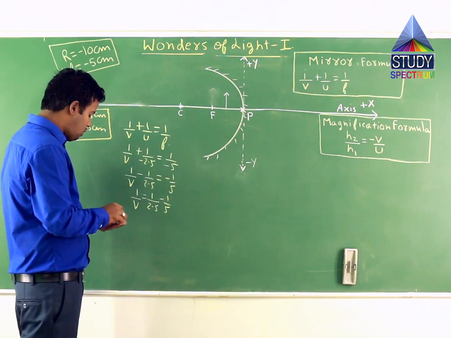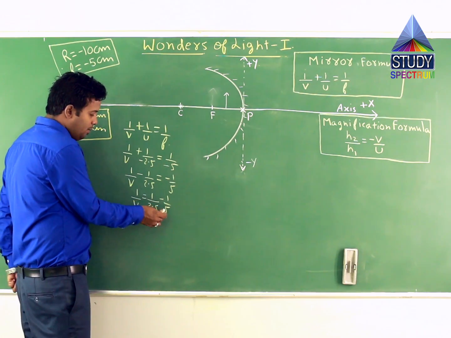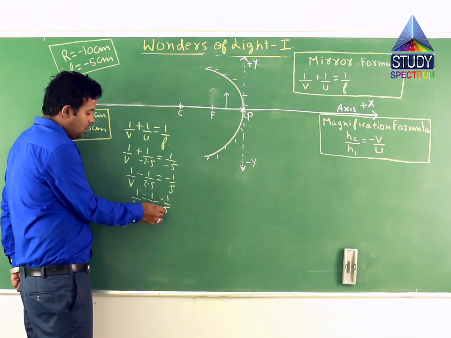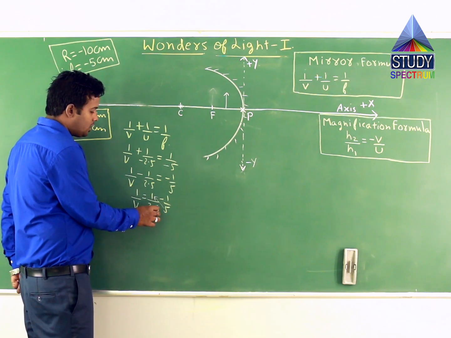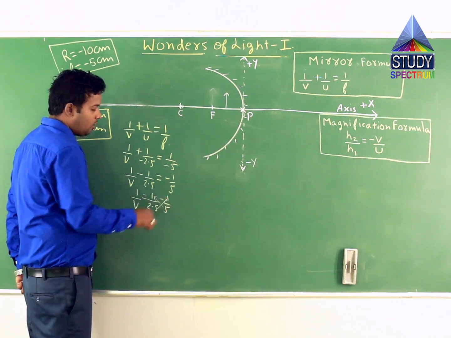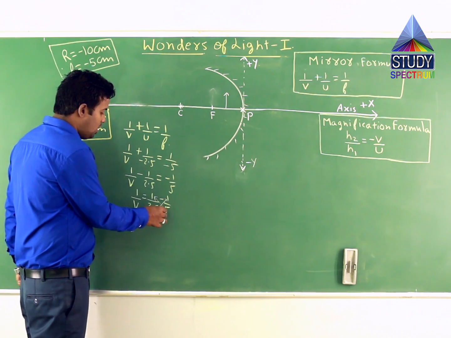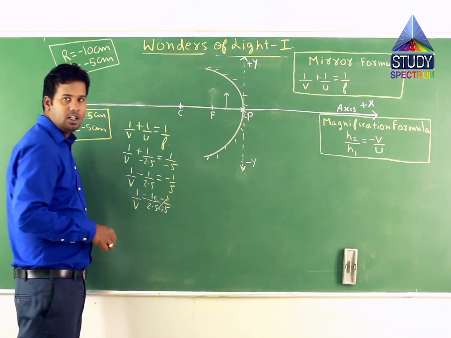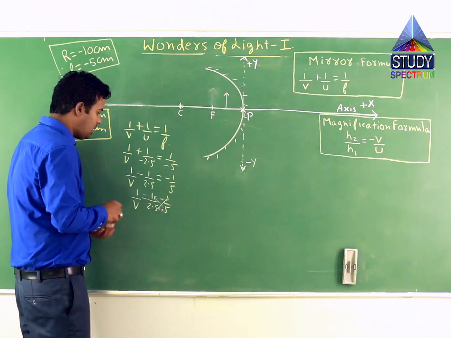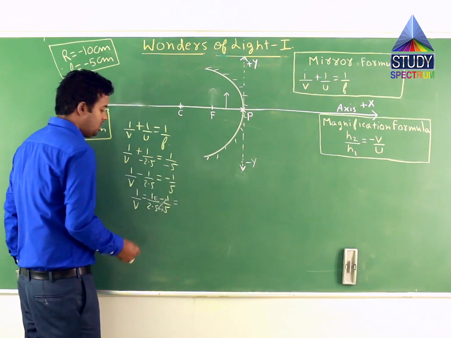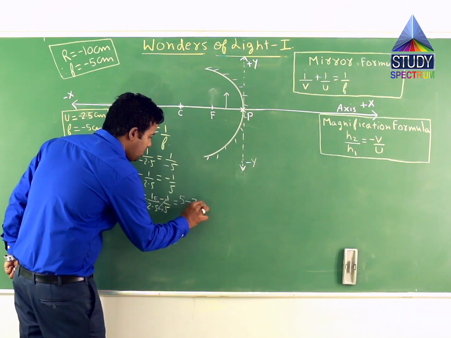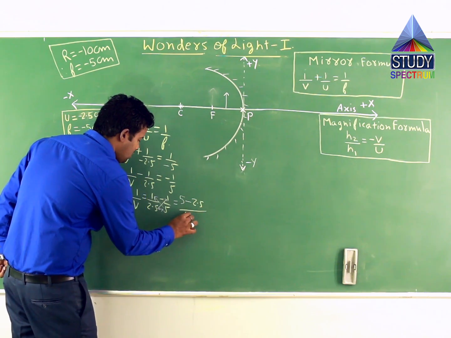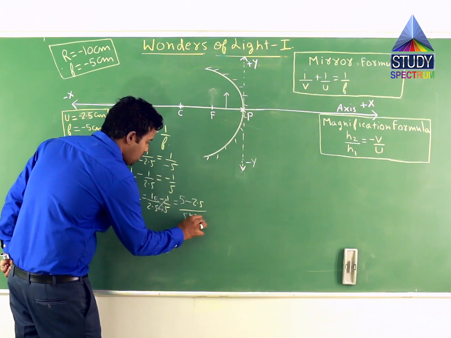Correct? Now if you remember, to solve this question, I will multiply the denominator of the second fraction with the numerator of the first fraction, and the denominator of the first fraction with the numerator of the second fraction, and also multiply the two denominators with each other. So this equation becomes 1 by v is equal to 5 minus 2.5 upon 5 into 2.5.